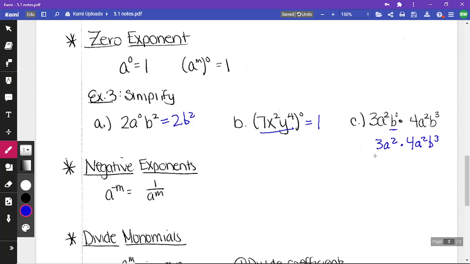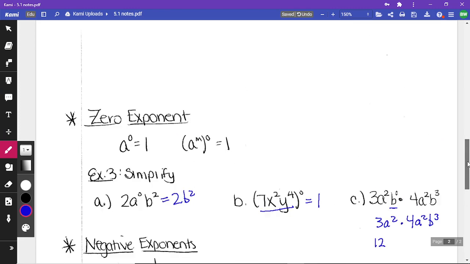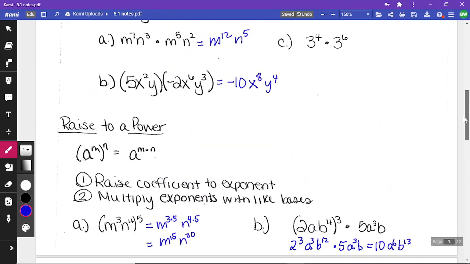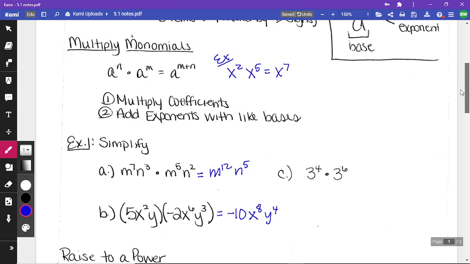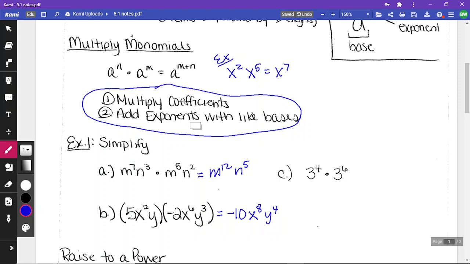And remember, we're going to multiply coefficients. So 3 times 4 is 12. And then add the exponents with like bases. Here are those rules I'm talking about. Multiply coefficients, add exponents with like bases.